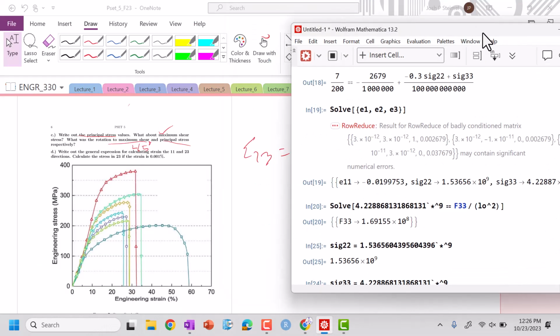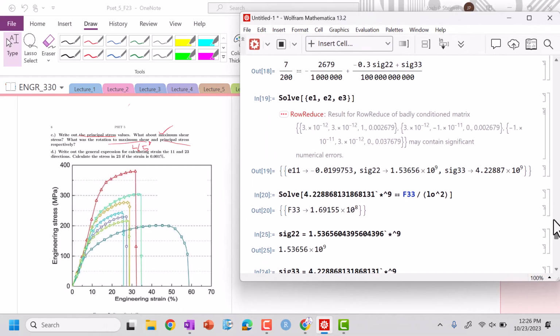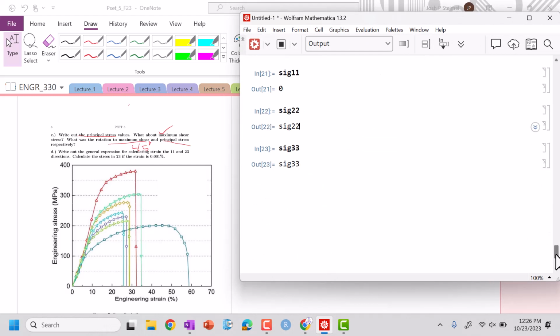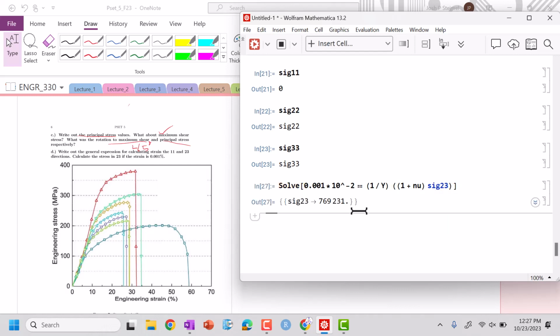I'm going to solve 0.001 times 10 to the minus 2, because I have to get rid of that percent, is equal to 1 over E times 1 plus nu times sigma 2-3. Solve it, and there we go.